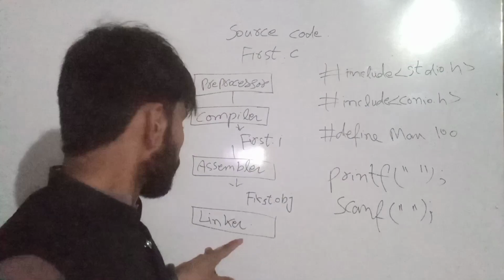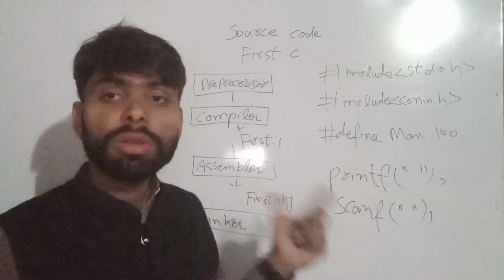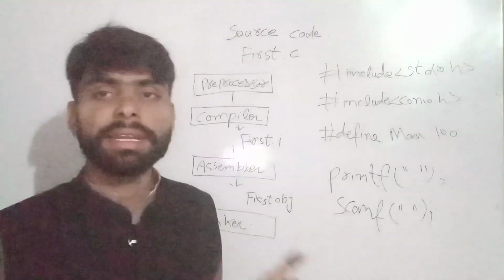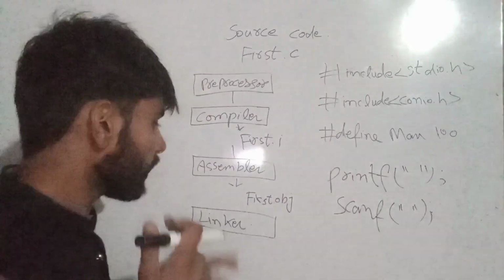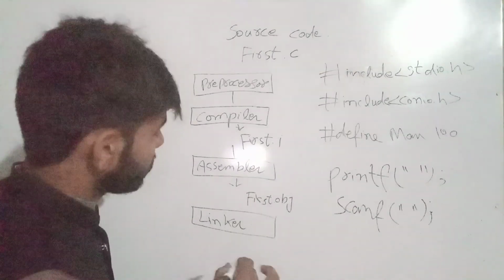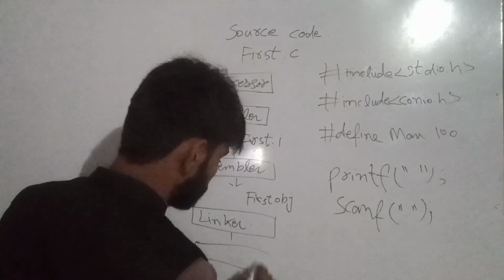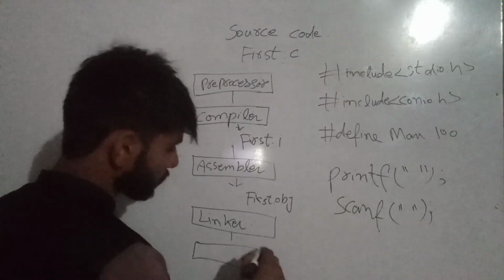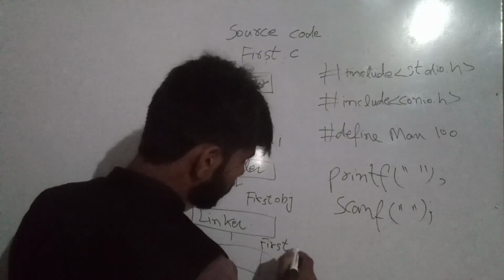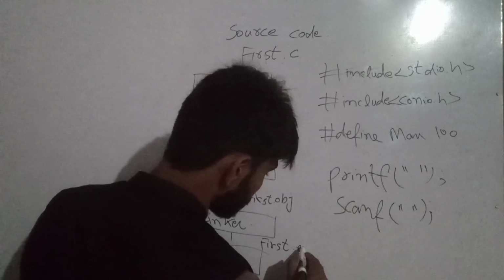The linker collects all these object codes into one file and links them to the libraries. After that, your program is ready to execute. That is first.exe.